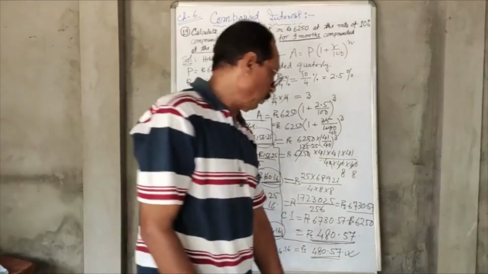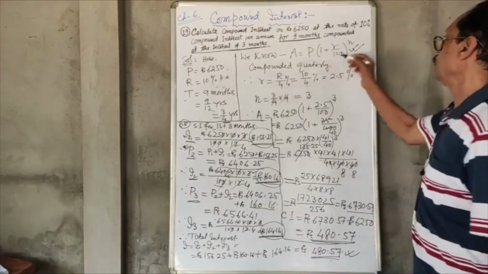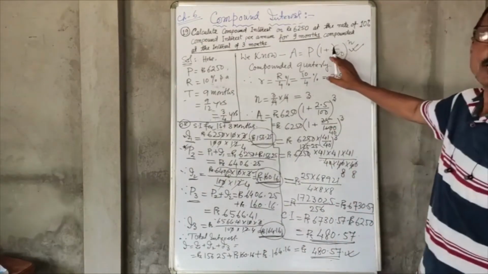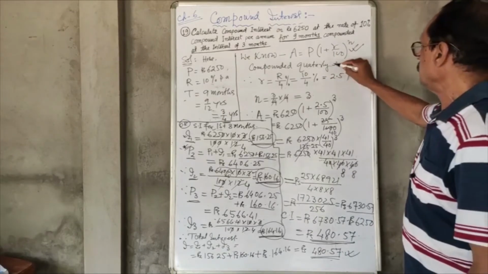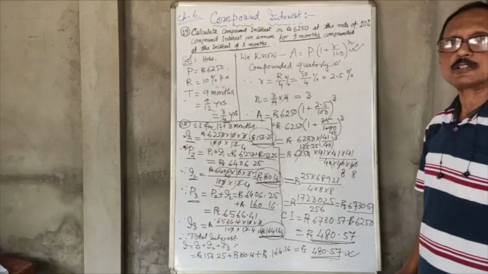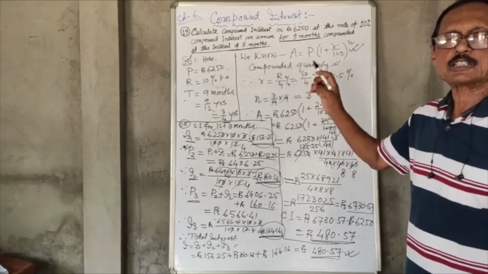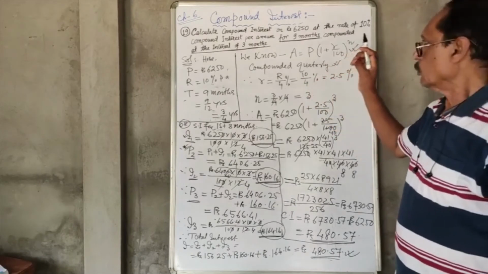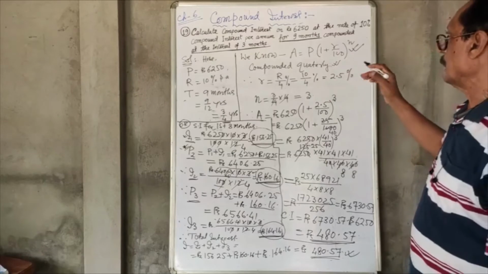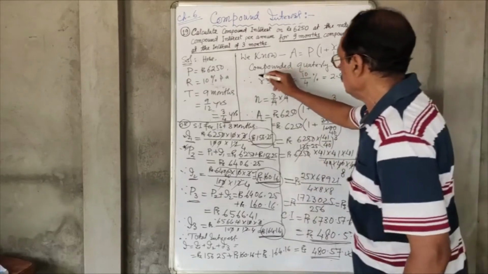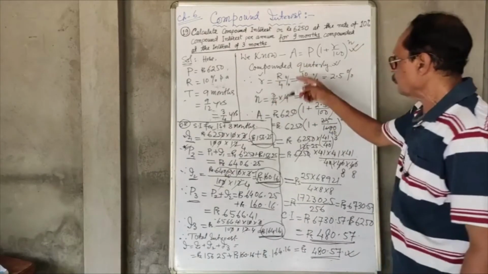But if you want to use the amount formula which we have found, we can find it that way also. If you go to the previous first day's class, second slide, where we discussed when compound interest may be compounded yearly, half yearly or quarterly, the formula for the rate of interest per conversion period and the number of conversion periods has been given.